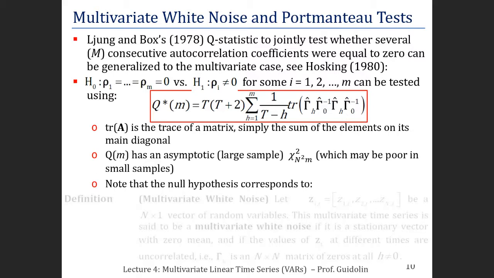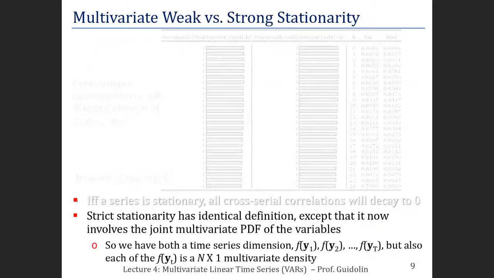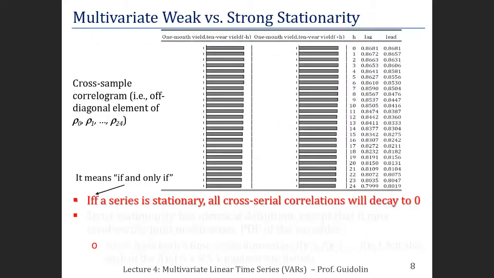Another issue that is brought up quite naturally by the picture that I just showed you is: why is this picture not reporting Q-tests, Q p-values, Ljung-Box p-values? Is it possible to report Ljung-Box p-values for these objects? It is.